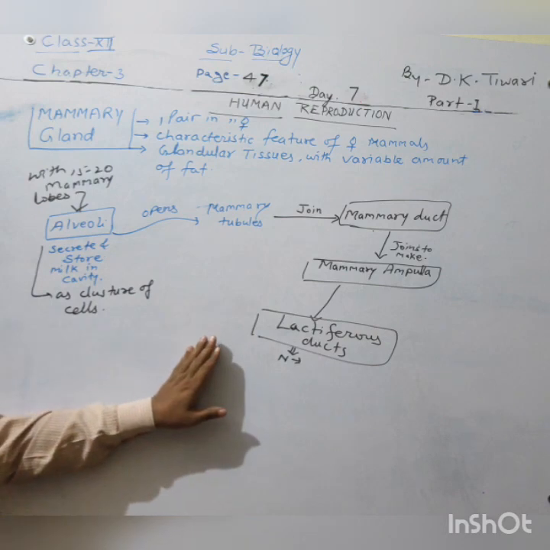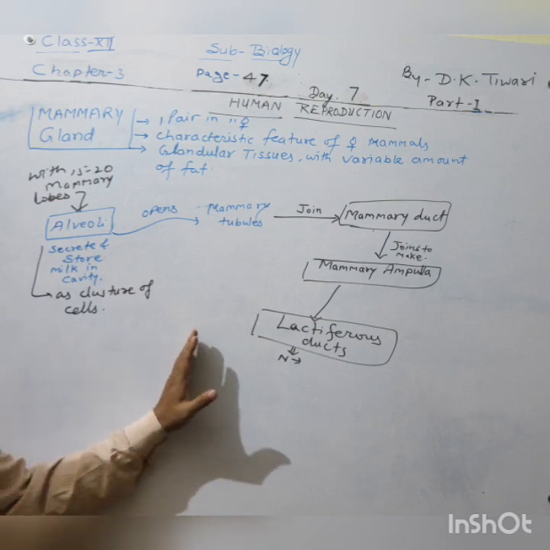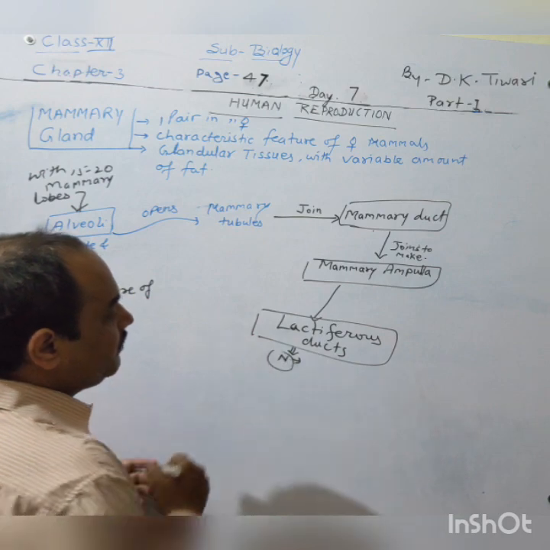So this is the lactiferous duct, which directly joins at the external nipple, and from here the baby suckles the milk.